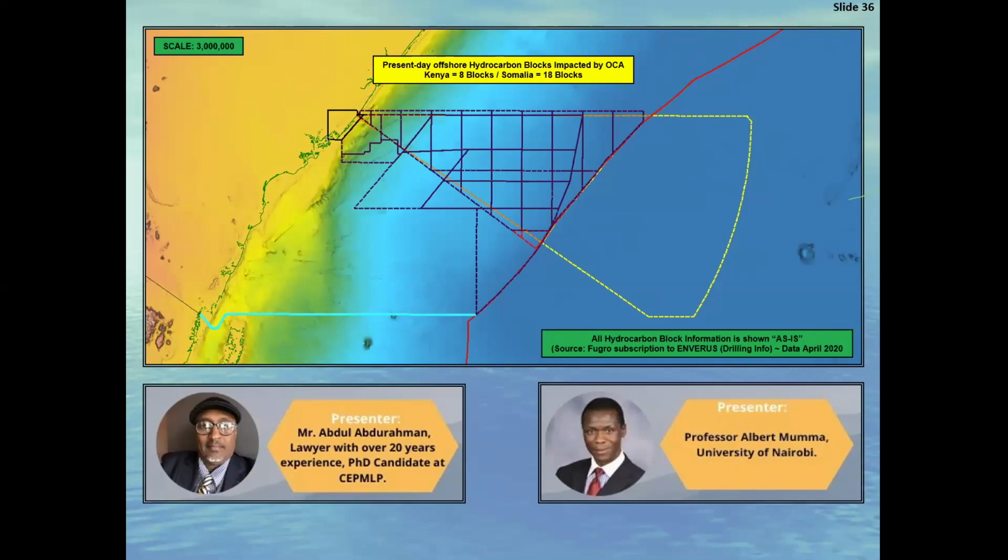In the end, what Kenya argues is that the proper position which should be adopted is to delimit these boundaries using the parallel line.